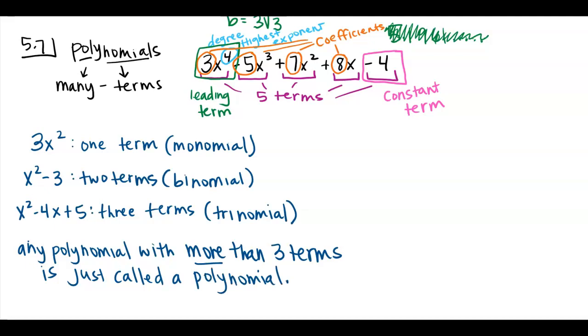All right, but I will be using these words, monomial, binomial, trinomial, so I want you to know what I'm talking about. They're specific types of polynomials that you'll be dealing with.